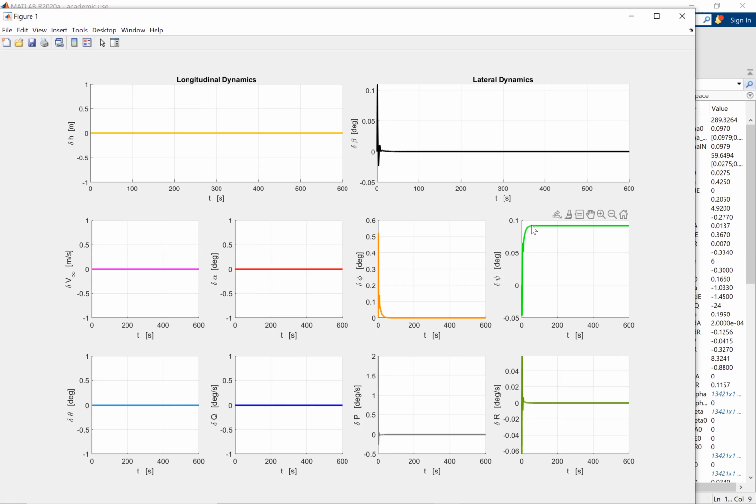But we've acquired a constant yaw angle. So we've changed the direction of our plane. Now we're not going straight anymore. We've turned a little.